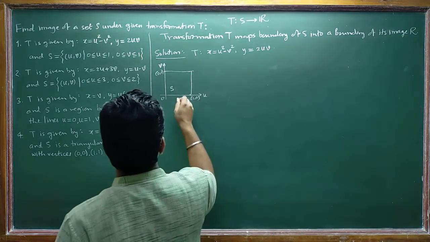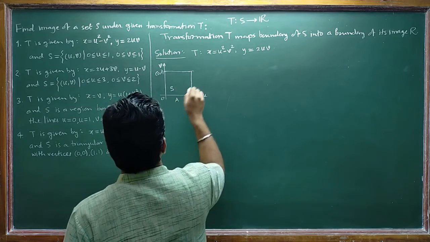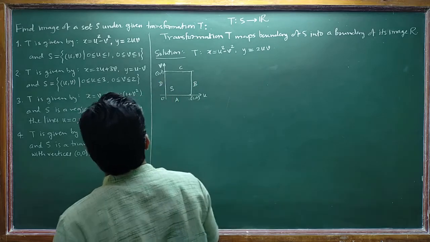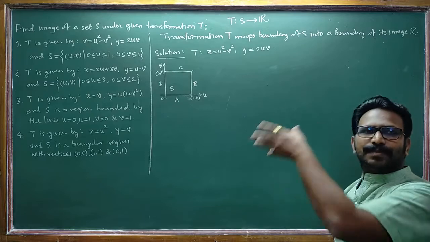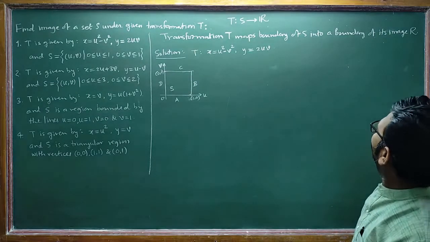Let me name the sides as side A, side B, side C, side D, and let us see how this square is transformed to the xy plane.